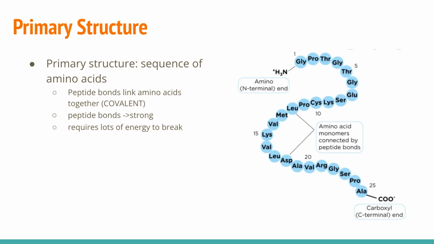Again, peptide bonds are strong, and the requirement of lots of energy to break them is very important in order to hold protein structure together. Obviously, you want a functional protein. Each protein has its own specific function, and its structure is highly important in the maintenance of said function. And so covalent bonds being formed, forming the peptide bond, is what holds this potential protein together in order to do its probable function.